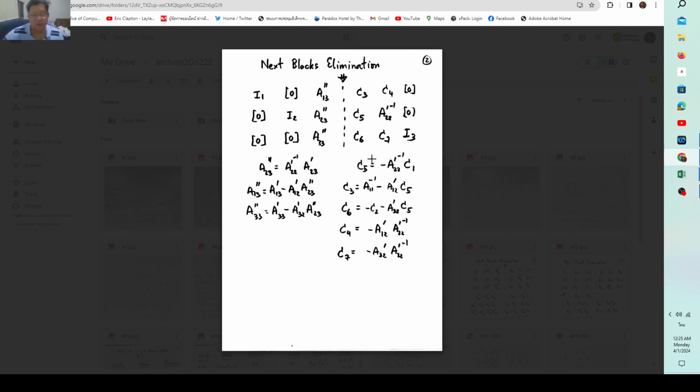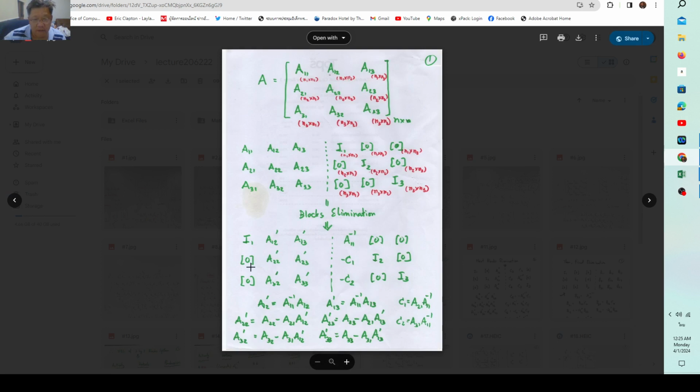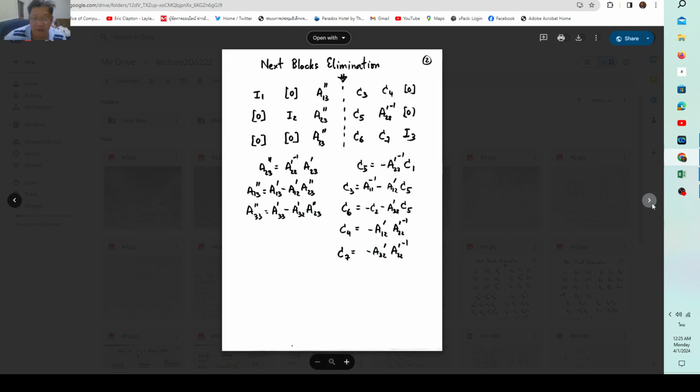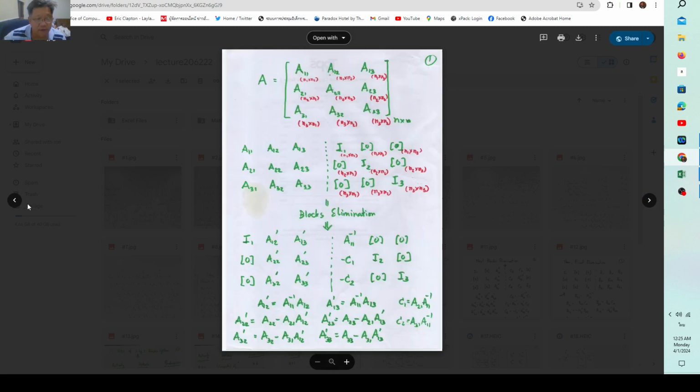This becomes C sub 6, okay. And what about C sub 7? You can see that the original value of C sub 7 is over here. The original value is 0, right?